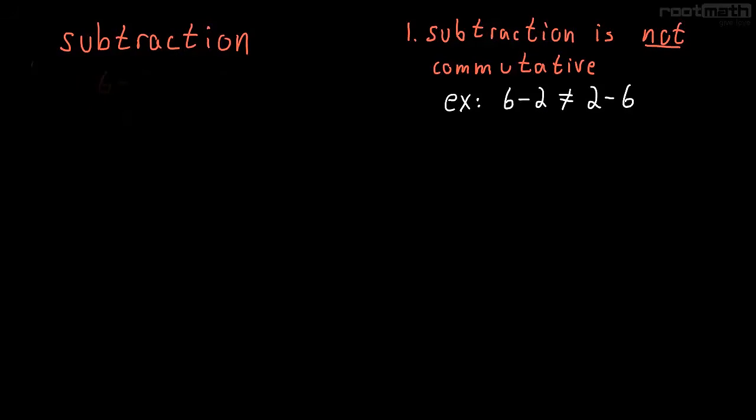There's other things wrong with subtraction. For instance, subtraction is not associative. So an example of that would be 9 minus 4, grouped, minus 1 is not equal to 9 minus parentheses 4 minus 1.